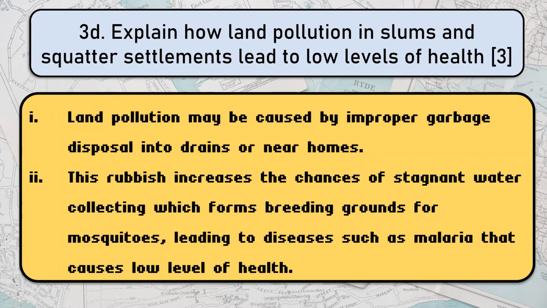So land pollution may be caused by improper garbage disposal into drains or near homes. So when you have this rubbish being thrown away in a haphazard manner, it becomes a collecting ground of stagnant water, and this becomes a place where mosquitoes can breed, causing diseases such as malaria, which causes low levels of health when people get infected.